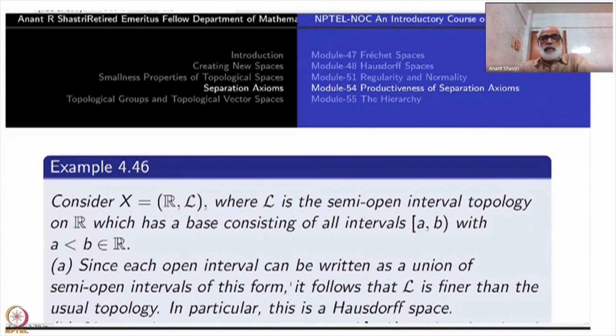So all open intervals can be written like this. It follows that this topology is finer than the usual topology, because all the open subsets in the usual topology will also be open in this topology. However, closed intervals and half closed intervals are not open in the usual topology. So this is strictly finer than the usual topology.